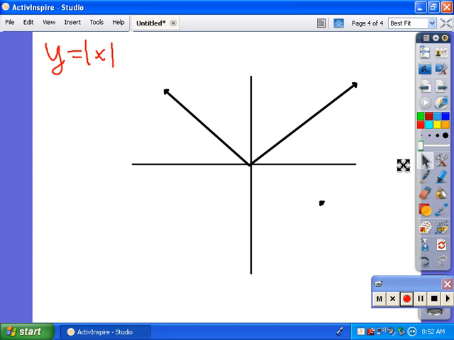Or if I give you the graph, you know what function it came from. That's what we're working towards. Their interesting fact is that this function has an abrupt change of direction, a corner at the origin, while our other functions are all smooth. That does come into play quite a bit in calculus.